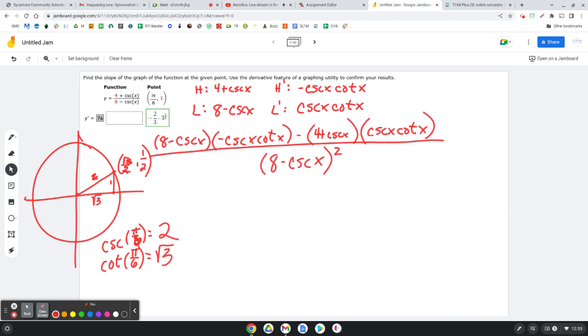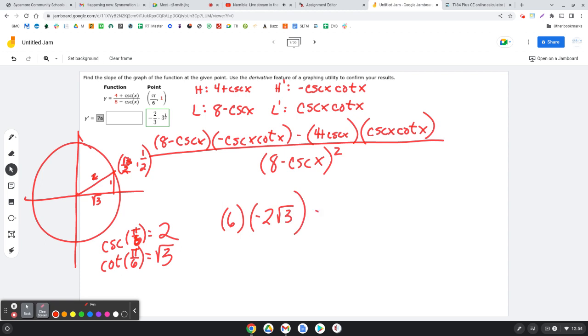All right, so now, look, I can just plug this in. Cosecant of x is 2, so 8 minus 2 is 6. See how I got that? Negative cosecant cotangent, so negative 2 radical 3. See how I got that?